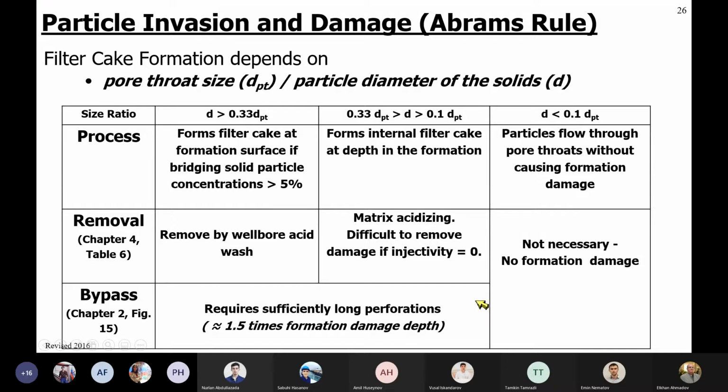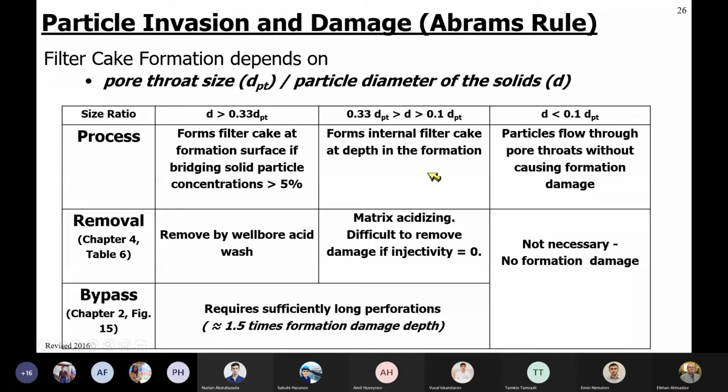and may require sufficiently long perforations. If the particle size in the drilling fluid is smaller, those solids will grow into the formation, bridging inside the formation.